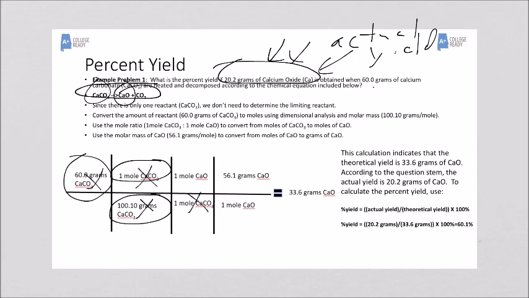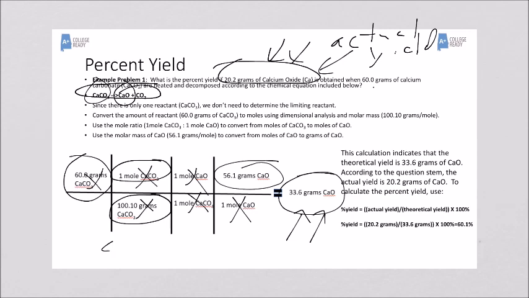And let's convert from moles of calcium oxide to grams of calcium oxide using the molar mass. Here's the molar mass. This number is our theoretical yield of calcium oxide. This is how much the math says we should get when we decompose 60 grams of calcium carbonate. When we actually did the experiment, though, we only got 20.2 grams.